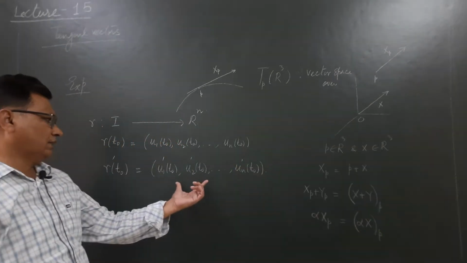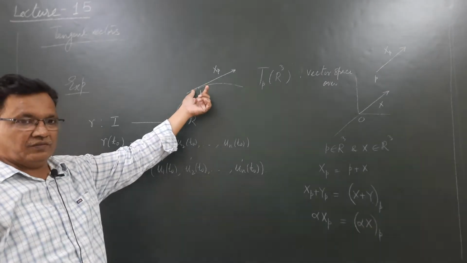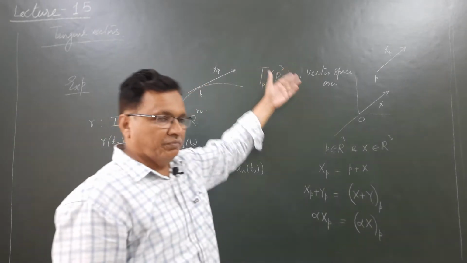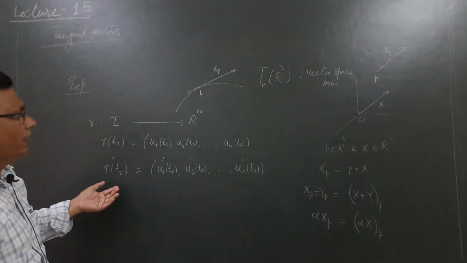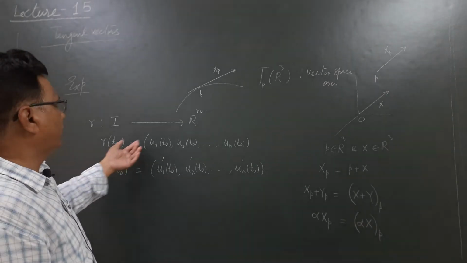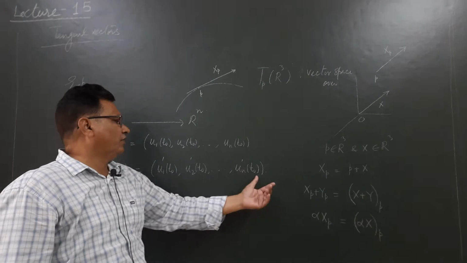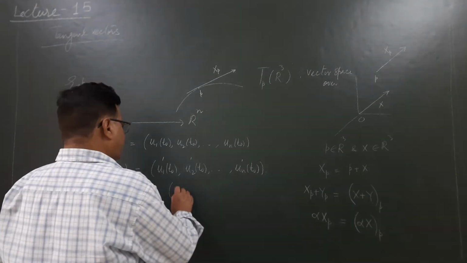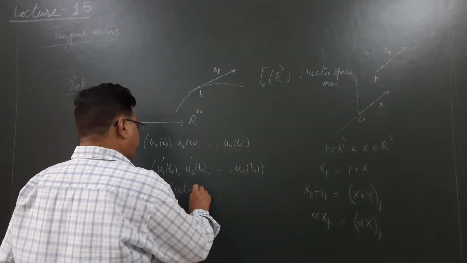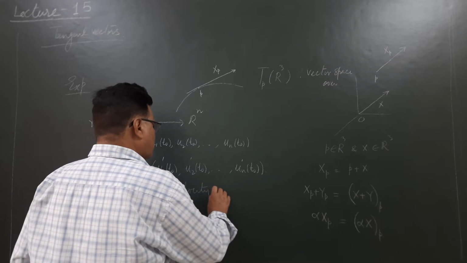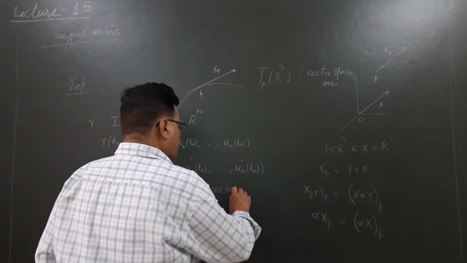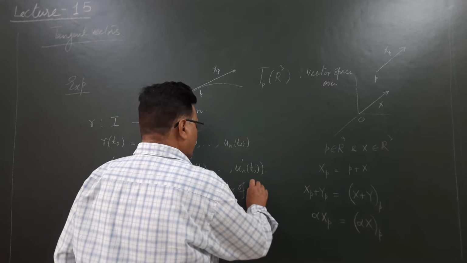So, this is the tangent vector of the curve, which can be treated in the same manner. They are sitting at the point. So, the image of t naught will be some point p. This velocity vector is in fact the velocity vector of the curve gamma.